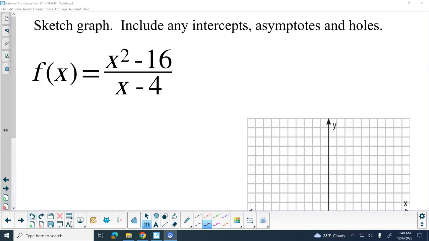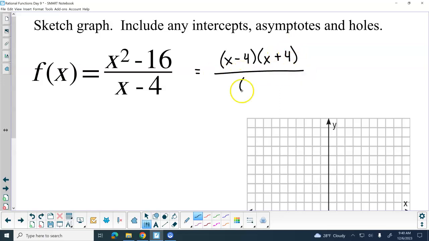Do you feel that it would be easier to do if you had it out? All over x minus 4? Okay. Then what did you do? Love it. That's good.